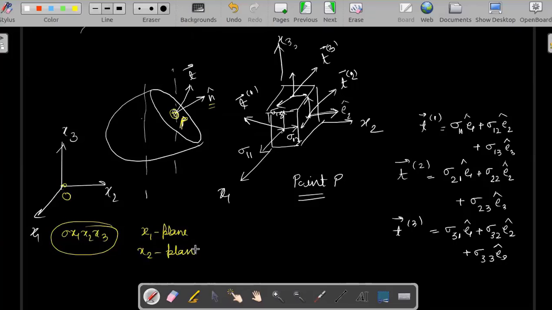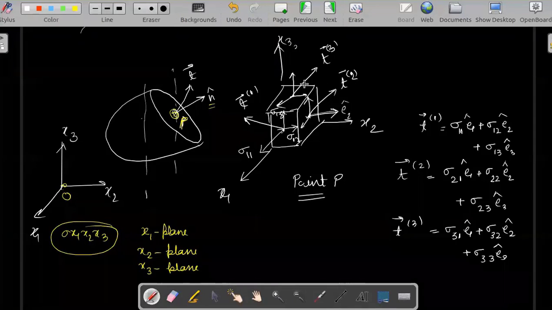And in order to geometrically visualize this, we will make a cuboid. Because we have shown here the X1 plane, X2 plane, X3 plane, and the complementary planes of these, X1, X2, and X3, opposite to them. If it is positive, then there is a negative. Only then can we form a cuboid.